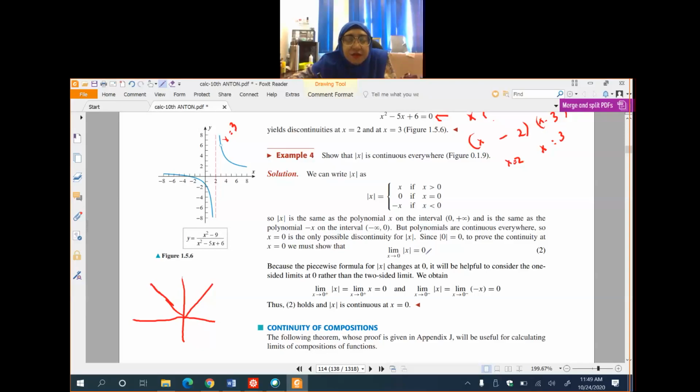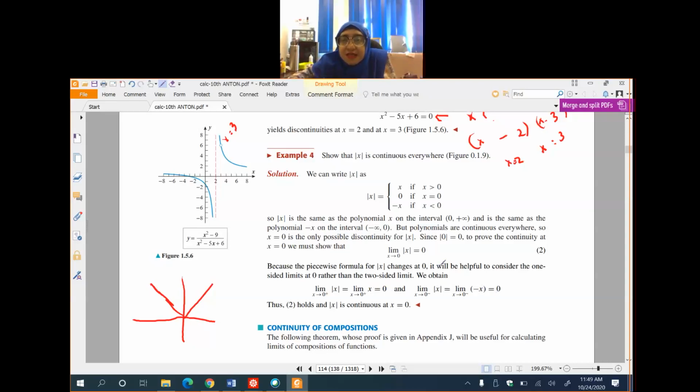What we have to do is prove that the limit of the absolute value of x as x tends to 0 exists. It means that both sides of the limit give you the same value. So the limit of the absolute value of x as x tends to 0 from the right is equal to the limit as x tends to 0 from the left. Both give you 0. This one x and this one negative x, both give you 0.